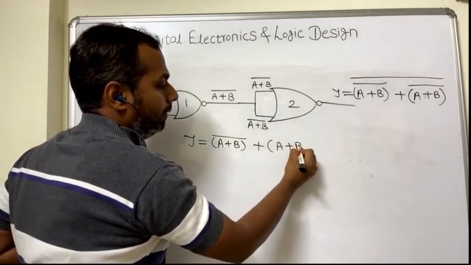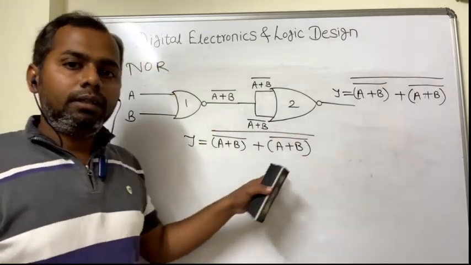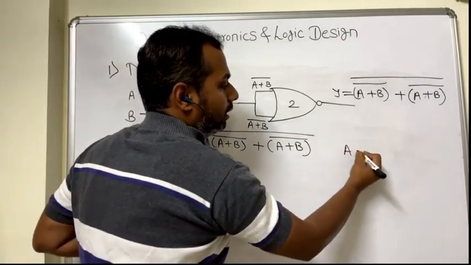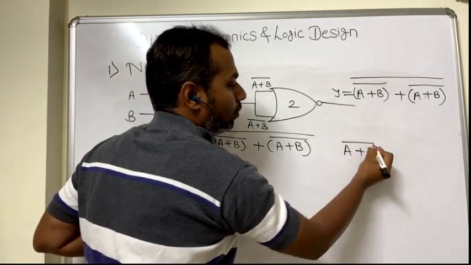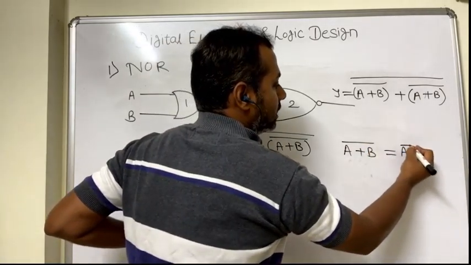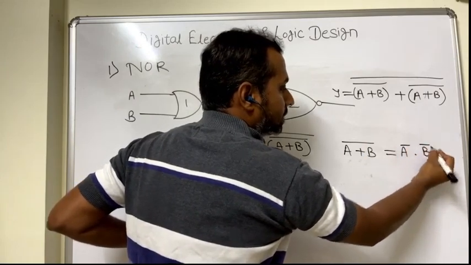complement and whole complement. So if I apply the De Morgan's law theorem, what De Morgan's law theorem tells us, if we are having two variables and their whole complement, then it is always equal to complement of first term and complement of second term.